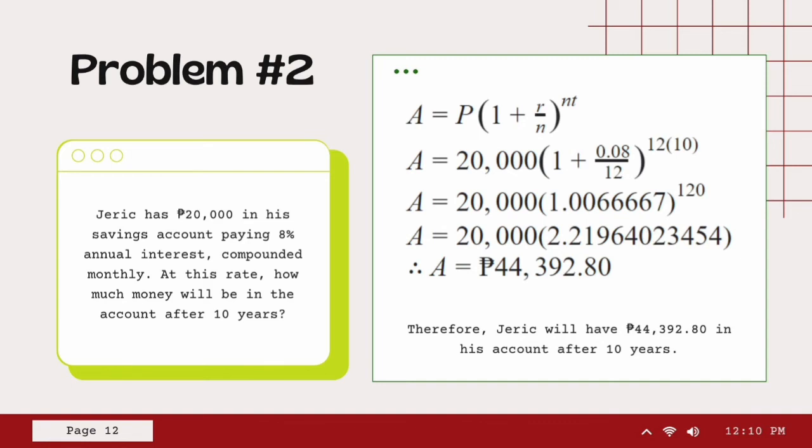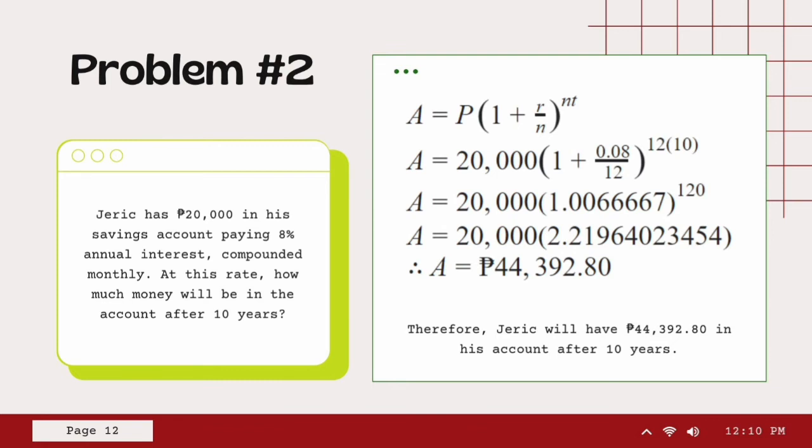It becomes A equals 20,000 times 1.0066667 to the power of 120. Then, we calculate for the value when raised to the exponent, which is 120. It becomes A equals 20,000 times 2.21964023454.